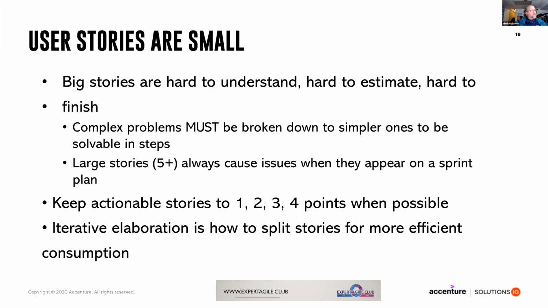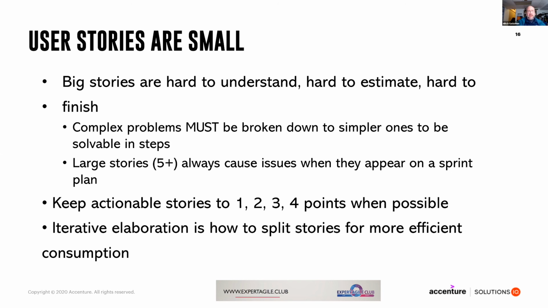And I can tell you from having done this for a while that this is a very difficult battle that I fight as a coach, which is the tendency to make stories bigger than they can be in order to be done. So big stories are hard to understand, bigger things are hard to estimate, and they're hard to bring across the finish line.